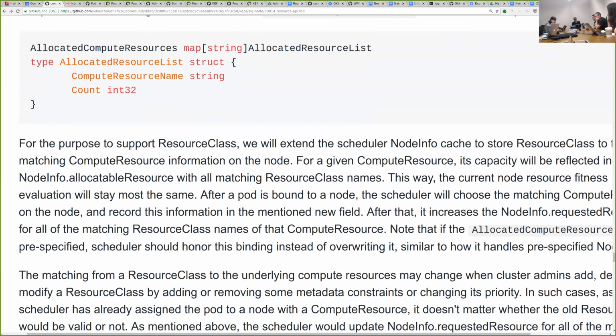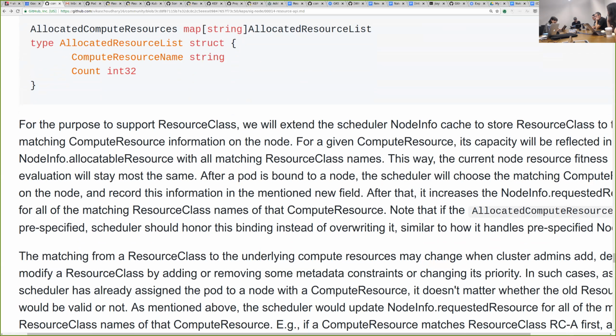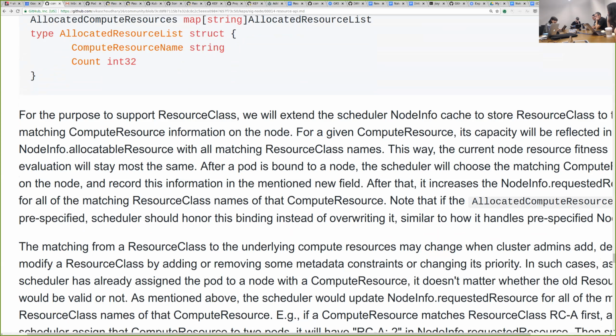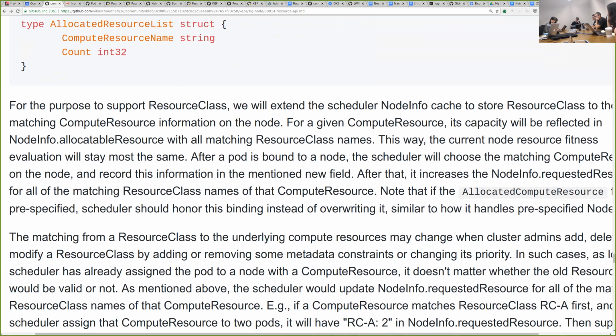So that is to support the group resource. It's not in the initial phase of the design, although I think we can handle that in a similar way, as we support multiple matching. A compute resource can match multiple resource classes.